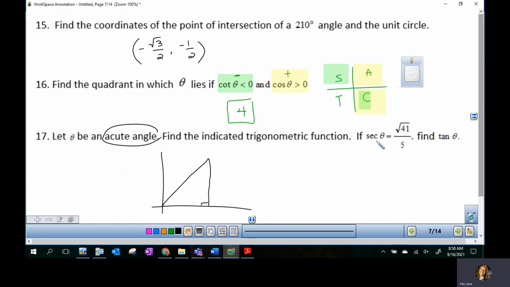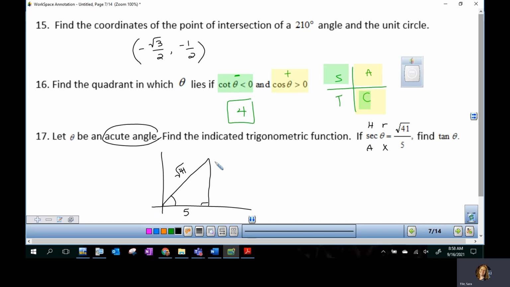X over R or A over H, depending on which you prefer. So this is the reciprocal. You can think of this as R over X or H over A, whichever letters you prefer. Okay, so they're telling us the hypotenuse, or R, is square root of 41, and the adjacent side, or the X, is 5.